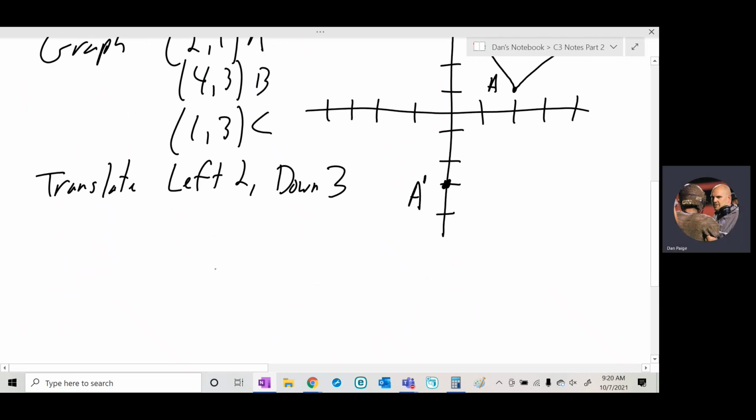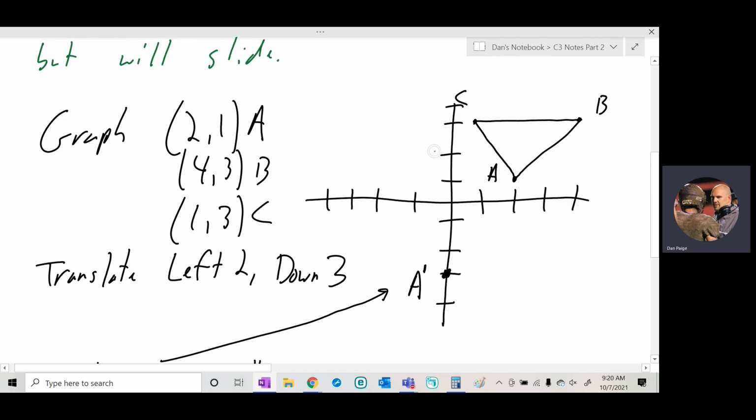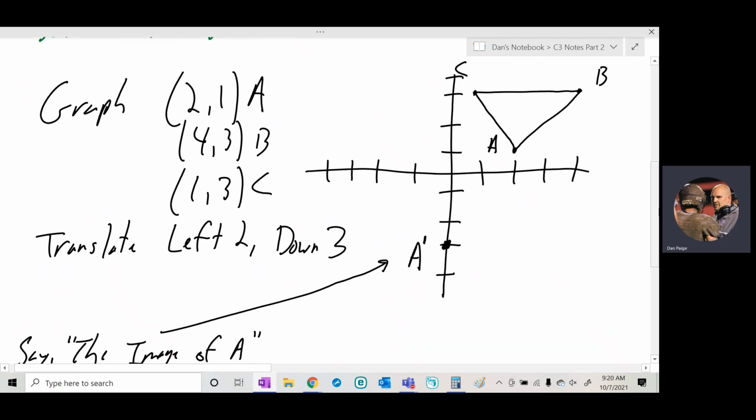The way that you say this is you would say the image of A. So in this, we have point A, and then we have the image of A after we moved it. So we have A and the image of A.